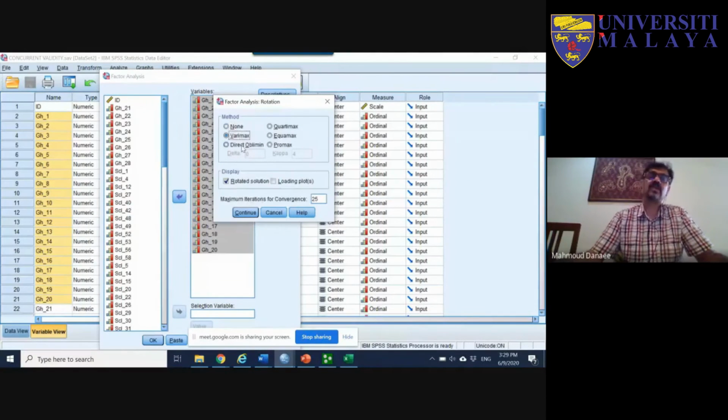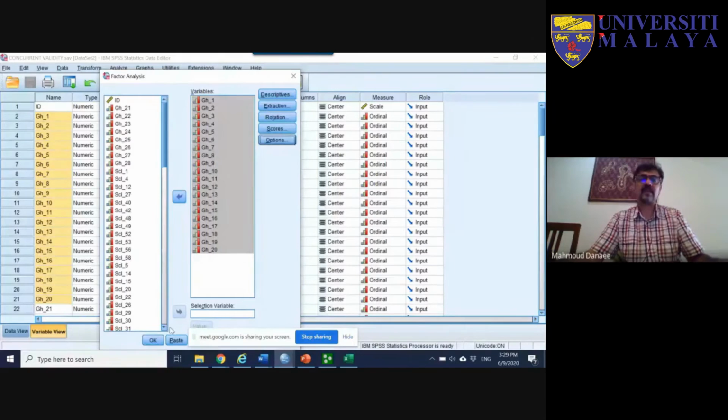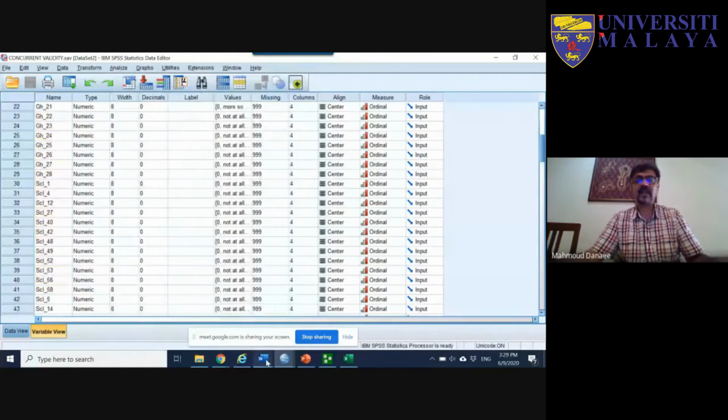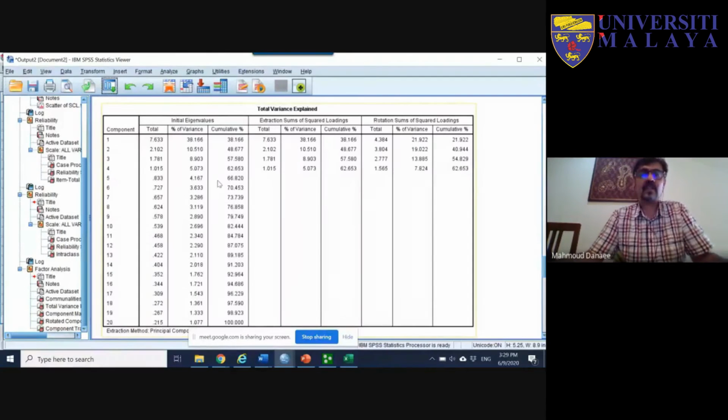For the rotation, we use Varimax, and if I sort by size, then we suppress the coefficients or loadings below 0.4. So if I run the analysis, in the results, as you can see here, the 20 items were converted to 4 components, correct?